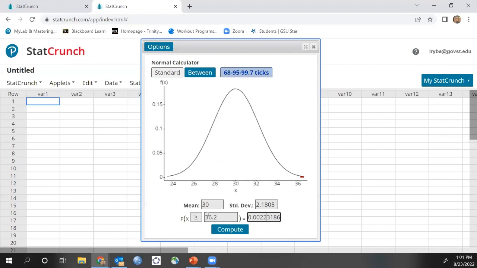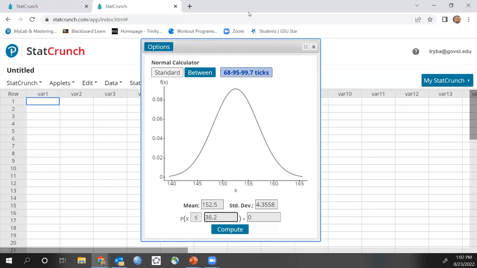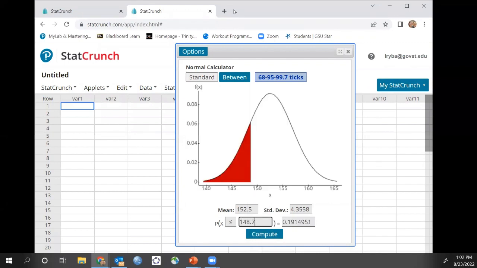Mean 152.5, standard deviation 4.3558, and we want less than 148.7. To 4 places, 0.1915, which I'm going to round up.